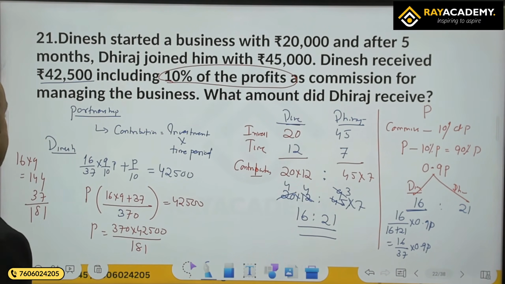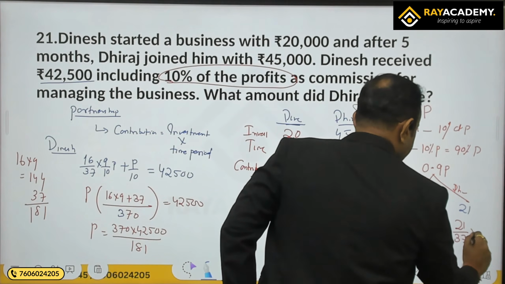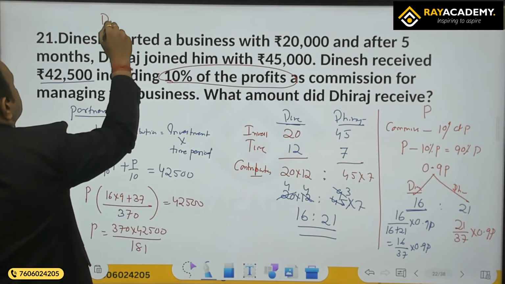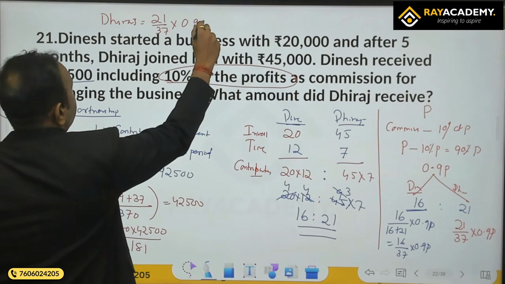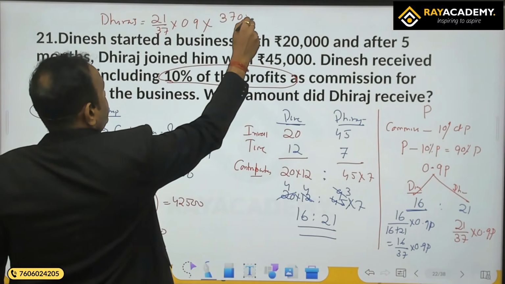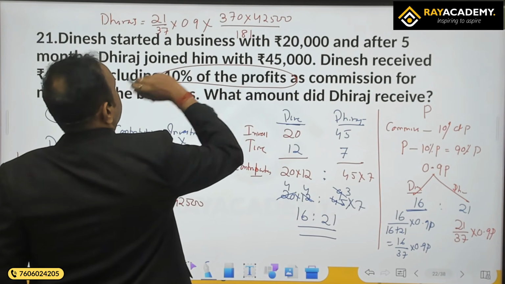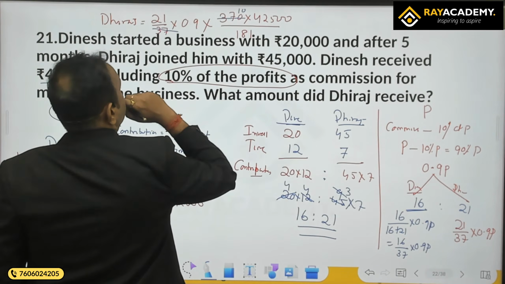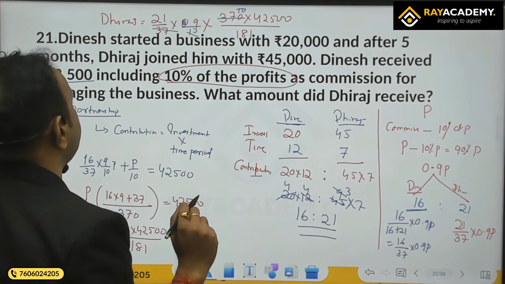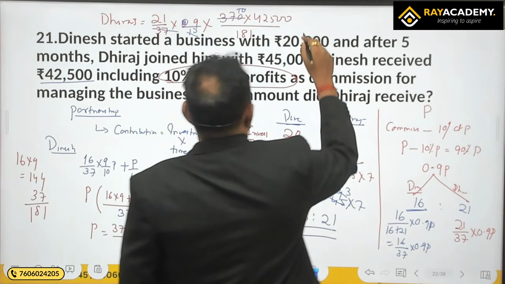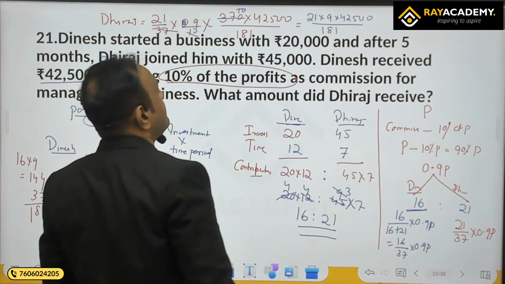Now we have the profit. Then what is the amount Dheeraj received? Dheeraj's share was 21/37 into 0.9P. Multiply the value of P, which is 370 into 42500 divided by 181. Then it gets cancelled, 37 and 10. We get 21 into 9 into 42500 by 181. I don't know which number it will be divisible by.